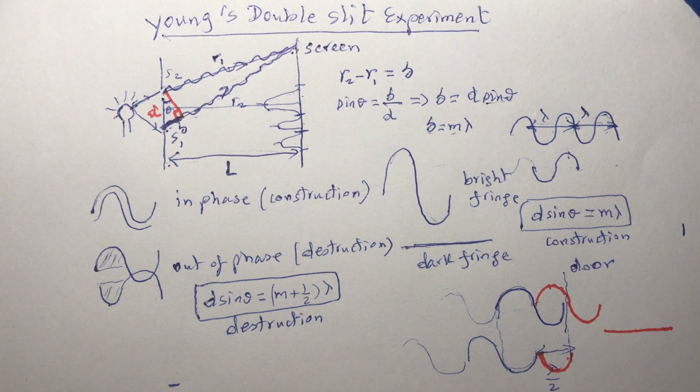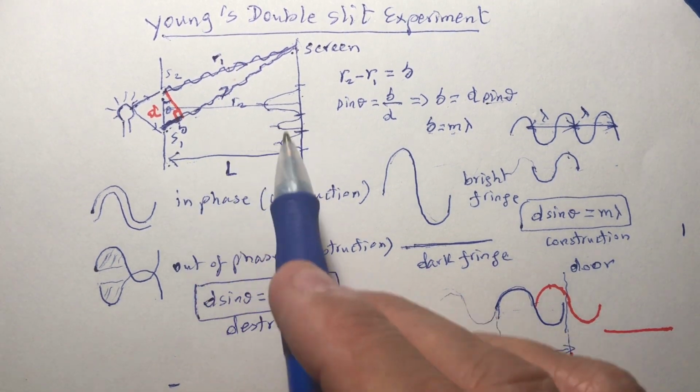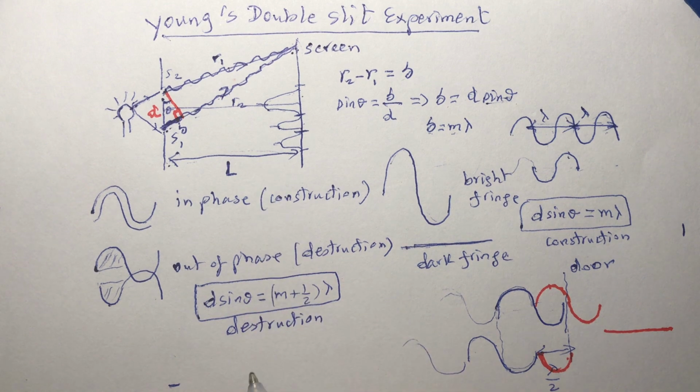So when you shine this on some screen, on the wall for example, you get some spot, some fringe that looks like this. Let's pretend we have a red color. So you're going to get a red fringe like this, and then next to it you get a small one like that.